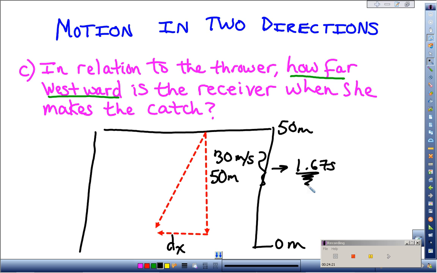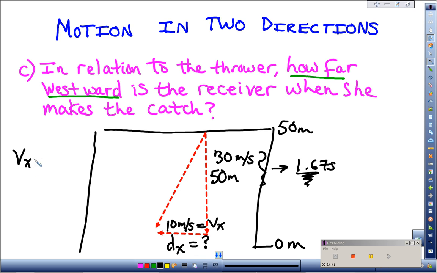If it took this long to move in the vertical direction, it will also take that long to move in the horizontal direction. Remember that the wind was blowing at a speed of 10 meters per second in the horizontal direction, and you can use that to solve for the displacement in the horizontal direction.